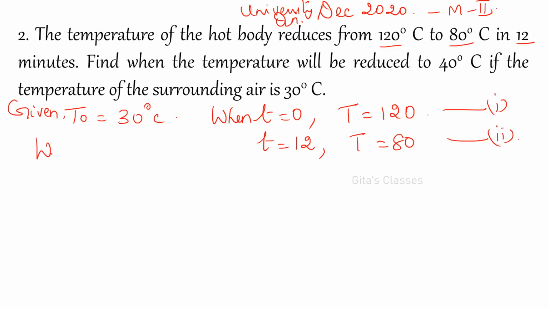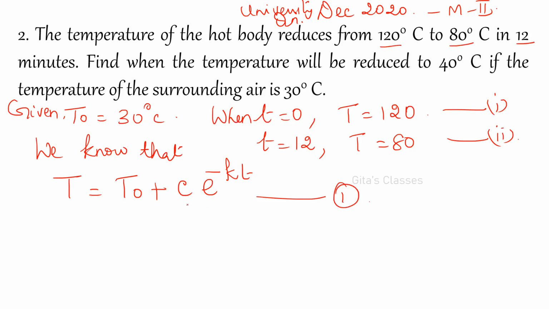And we know that capital T is equal to T naught plus C into e power minus kt. Let this be equation number 1, in which we have to apply the conditions and find the constants C and k.